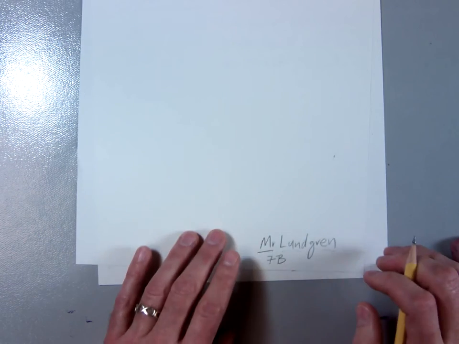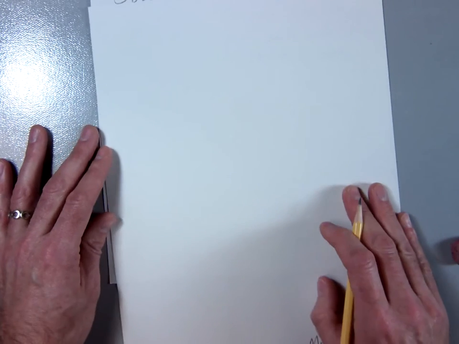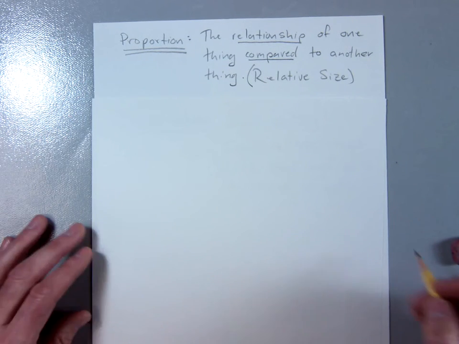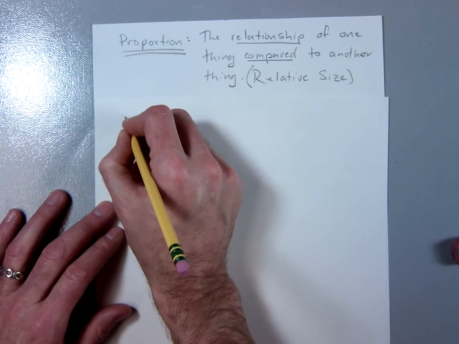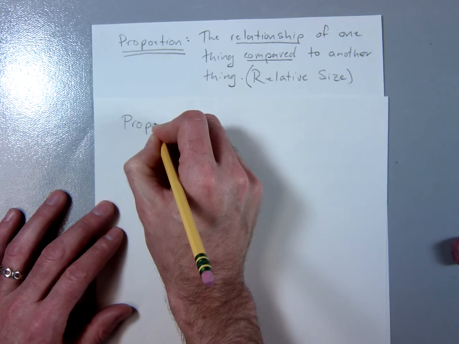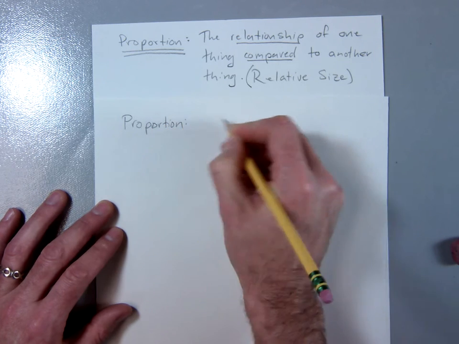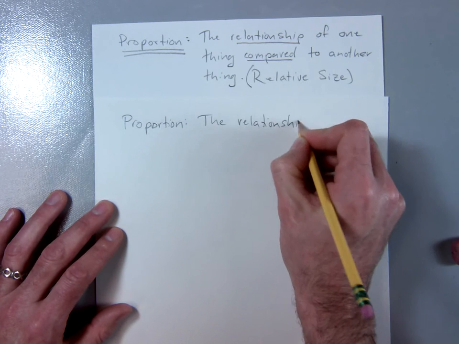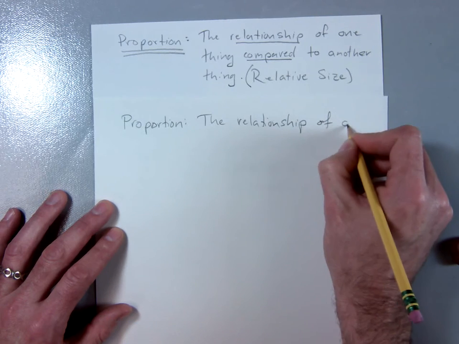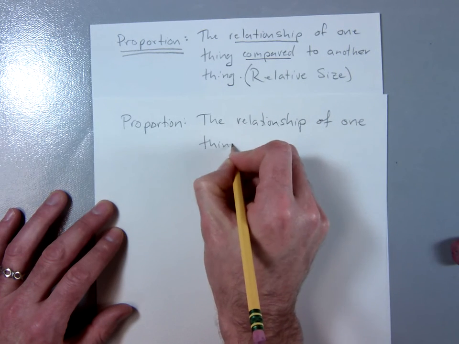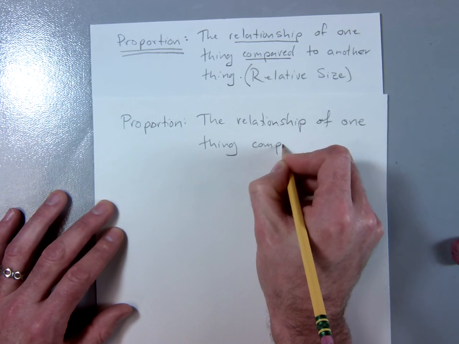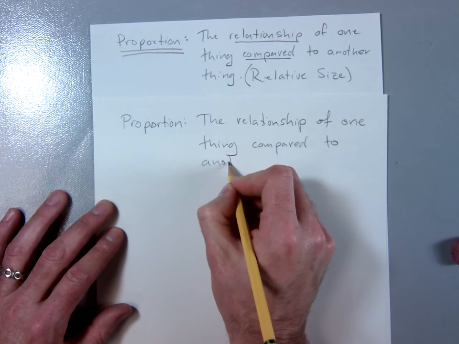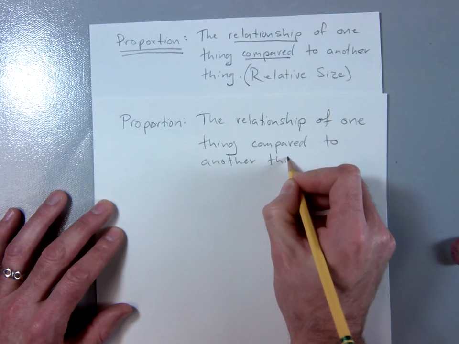Now, as we get started in class, we're going to talk about the following things. Number one, we're going to talk about proportion. So, please write down this definition on the back of your paper at the top. Proportion: the relationship of one thing compared to another thing.